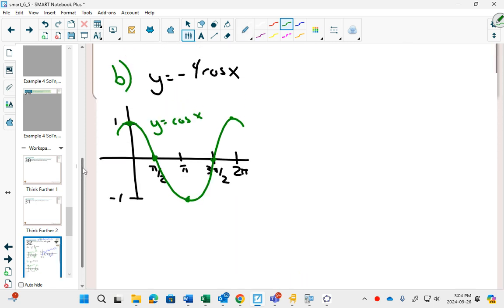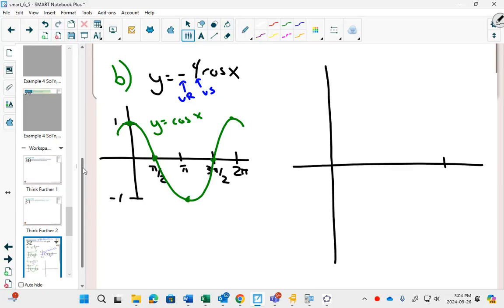I'm not going to draw it perfectly to scale, but do you see that this -4 here will be a vertical reflection and a vertical stretch? Again, it doesn't affect my x values. So I can still label my axes family.